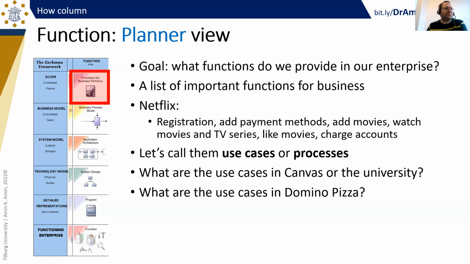Is this a function that Domino Pizza wants to provide? Perhaps it's just a step in the ordering function. We have a function called order. One of the steps can be leaving a tip. So whenever we say a function, a process, that means there are several steps for that function to be provided.